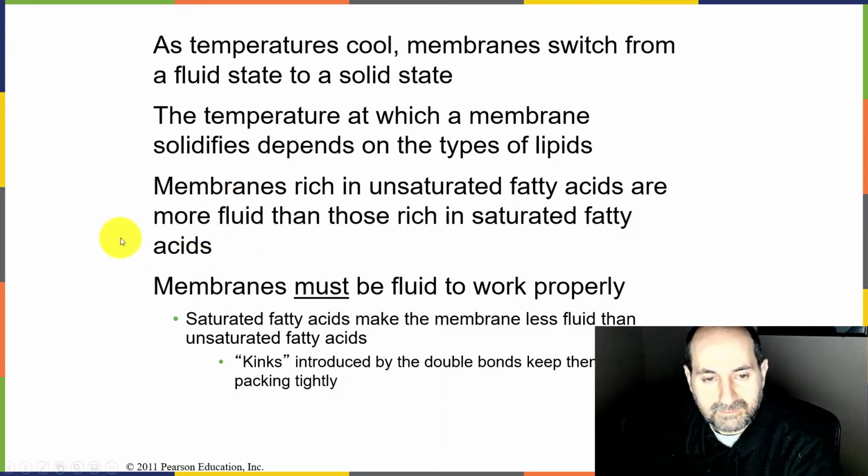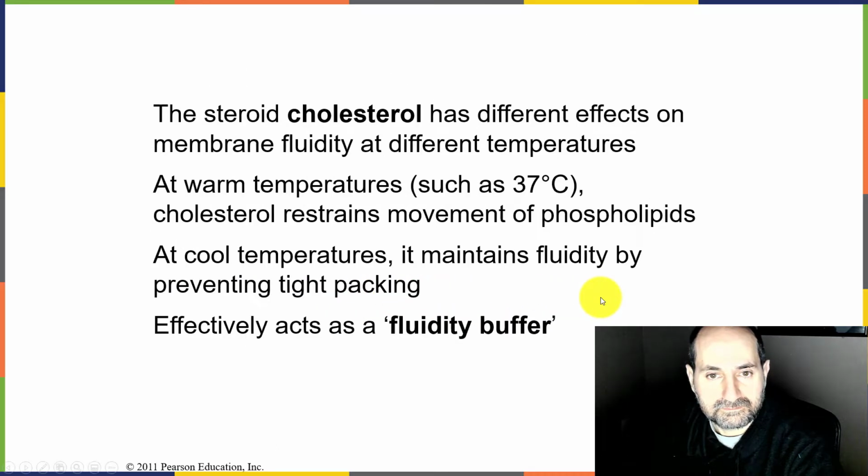Remember that membranes, like the plasma membrane, must be fluid to work properly. And that cholesterol is a steroid hormone that our cells have that allows the membrane to remain fluid. Therefore, cholesterol serves as a fluidity buffer.